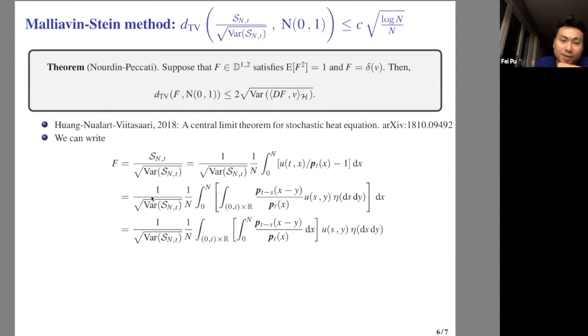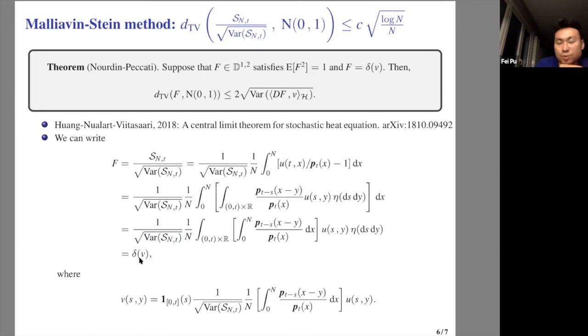So you see, in the end, we can write F as a constant times a stochastic integral. Therefore, F is equal to delta of v, where the integrand v is this constant times this integrand.